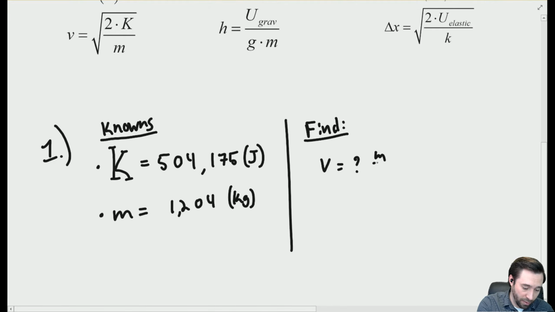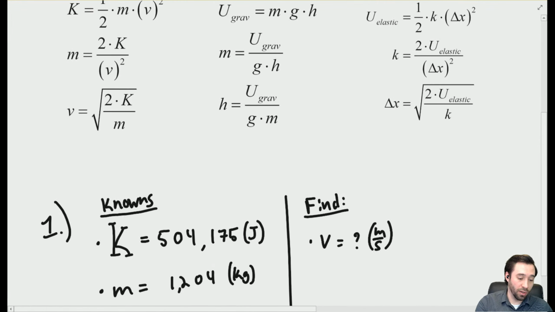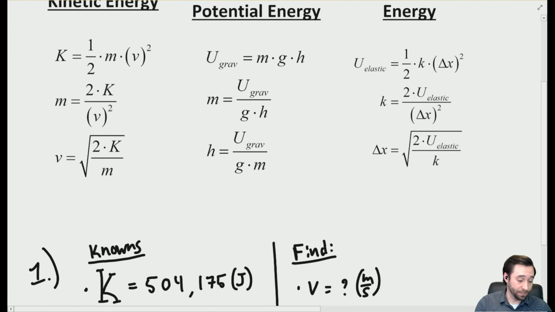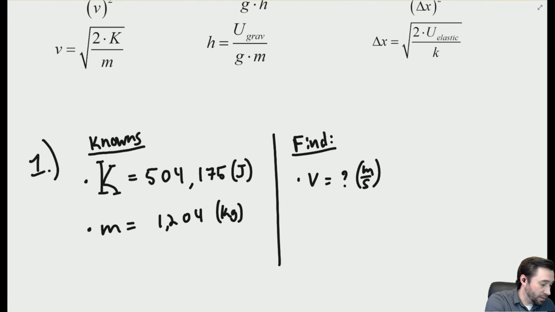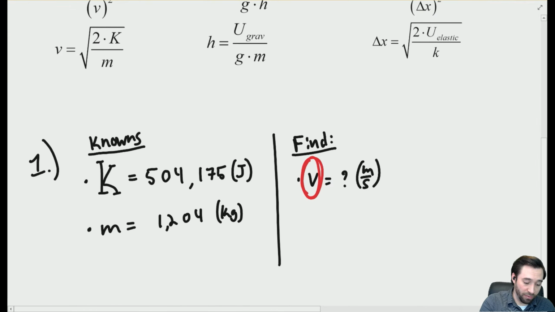And that's going to be in meters over seconds. So when we're given a problem like this, very first thing you do, you write down your knowns, write down your find, and then once you have figured that out, you need to try to determine which equation you need to use. So I look at the find variable, what I'm looking for. So in this case, it's going to be V.